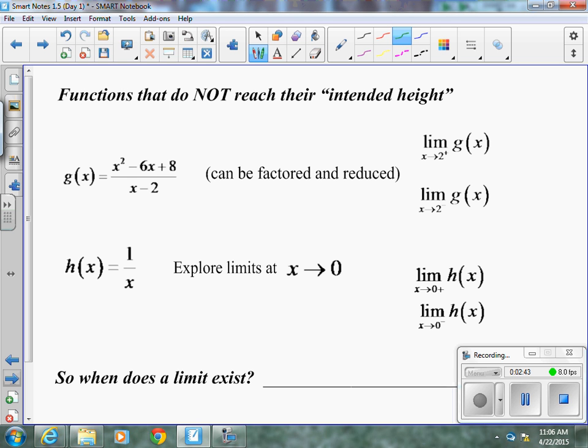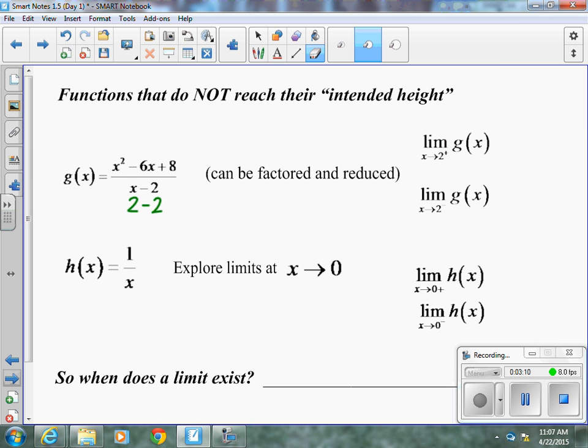For example, functions that do not reach their intended height. Maybe there's a hole, maybe there's an open circle at the end of a graph or something like that. For example, if I went to the trouble of plugging in a 2 here, we would get 2 minus 2 in the denominator, which is 0, and we are not allowed to divide by 0, therefore that would not be good.